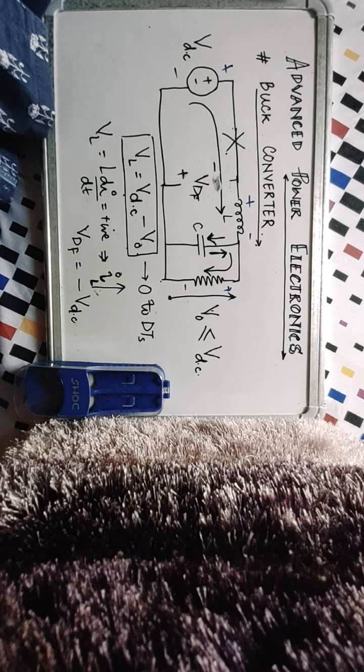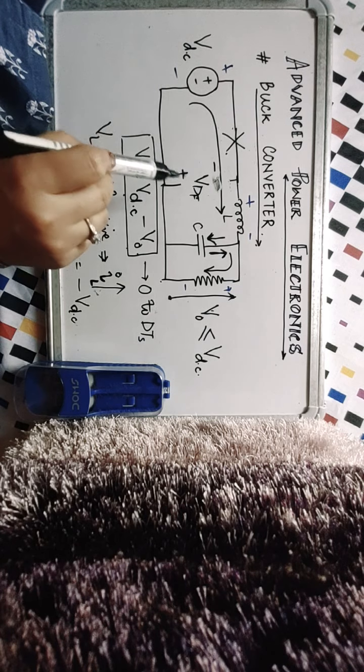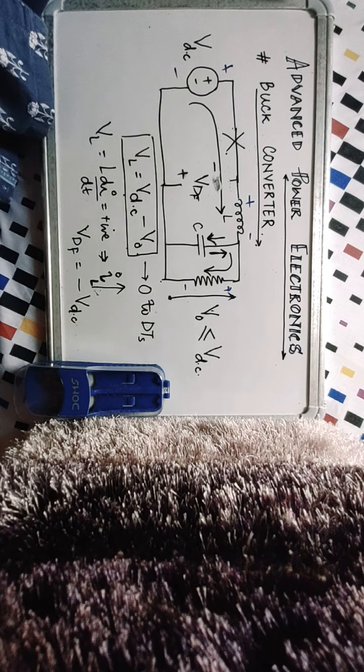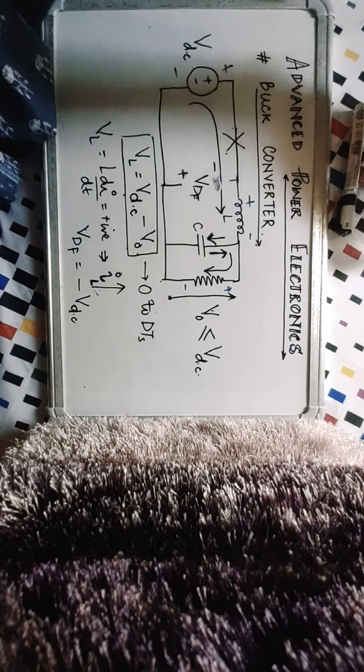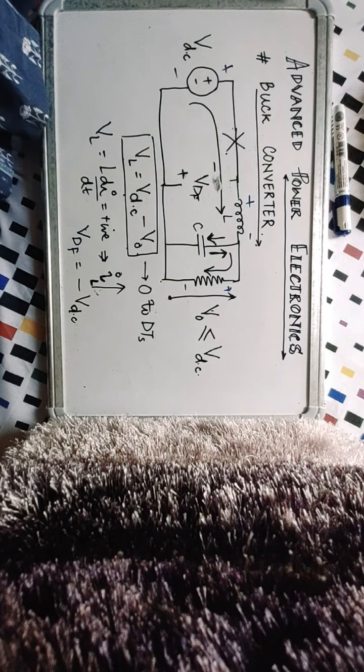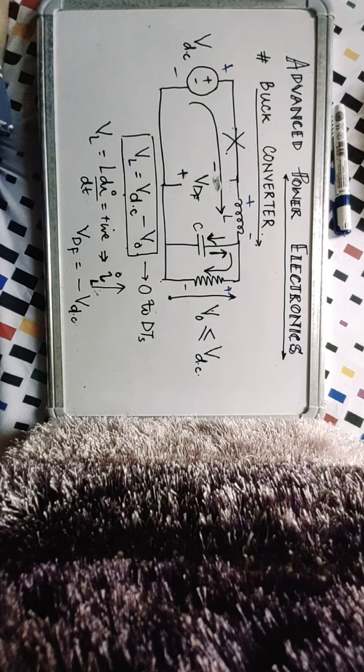So minus of VDC means that when you have to select this diode, you have to select it with a voltage rating equal to the input DC voltage. It will be stressed to a maximum negative voltage equal to the input voltage of the converter. So if you have an application where you have 100 volt input, you need at least a 100 volt diode that can block minus 100 volts. Obviously it cannot block anything in the positive direction, but negative 100 volts it should be able to block.